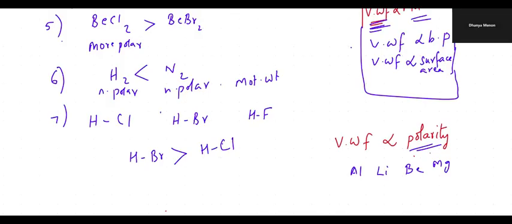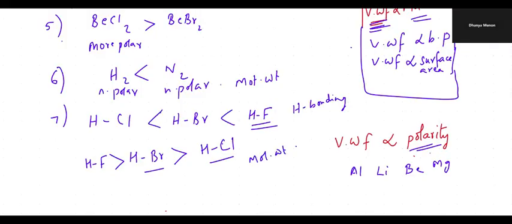But we learned about the discrepancy of hydrogen fluoride and also water, that they have hydrogen bonding. So comparatively, they have higher van der Waals force than the rest of the two. So hydrogen fluoride has a higher van der Waals force than HBr, which is higher than HCl. For HBr and HCl, we check the molecular weight.